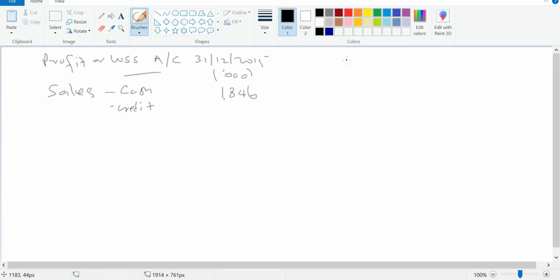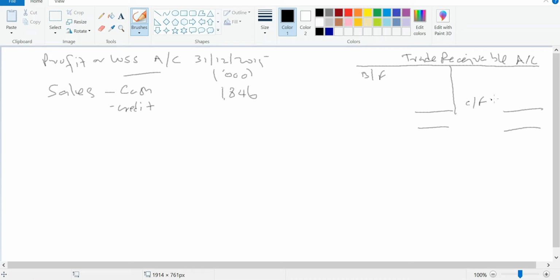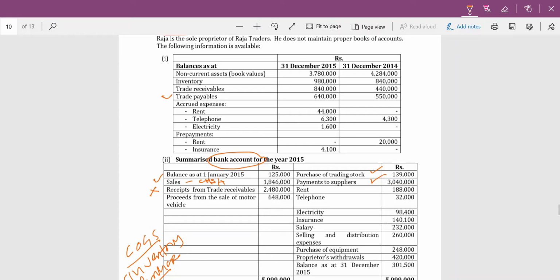You need to identify credit sales through your trade receivable account. Take the opening balance, the brought forward balance, and the closing balance, the carried forward balance, from the information given.